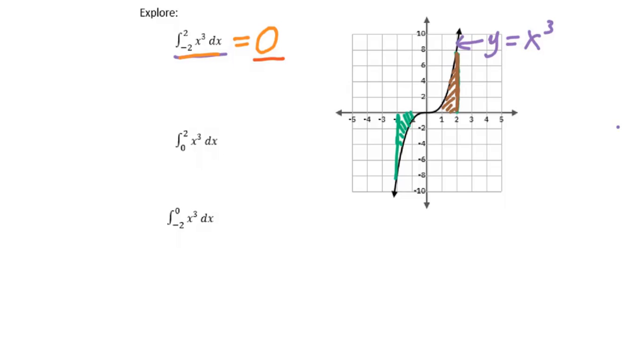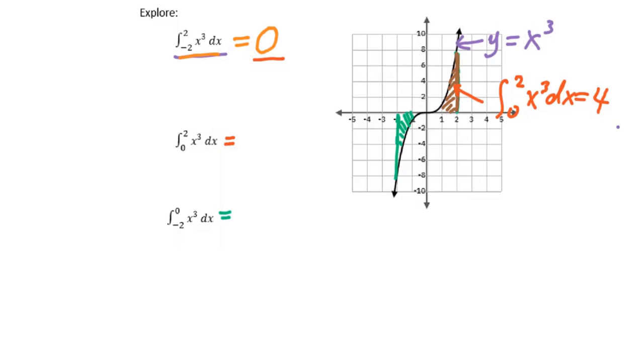When we use the definite integral from 0 to 2 of x third power dx, that means this area under the curve. If you put it into a graphing calculator, you will get 4.